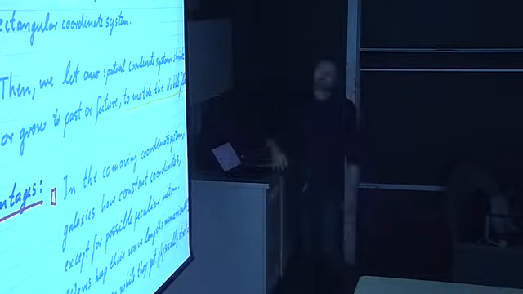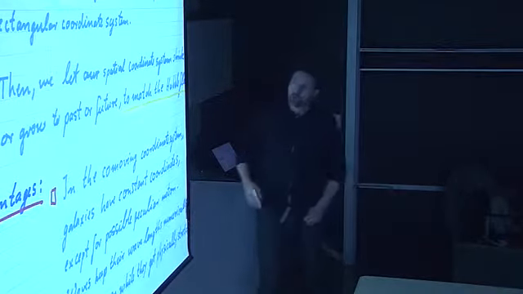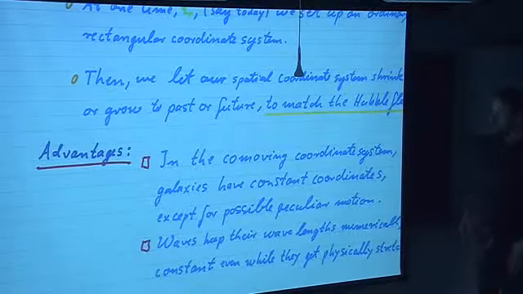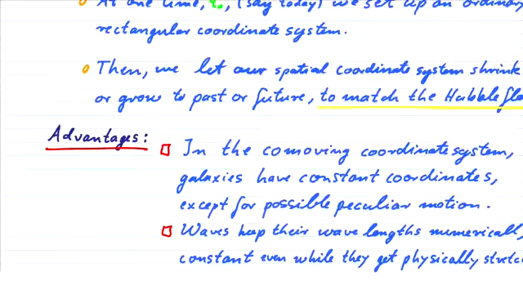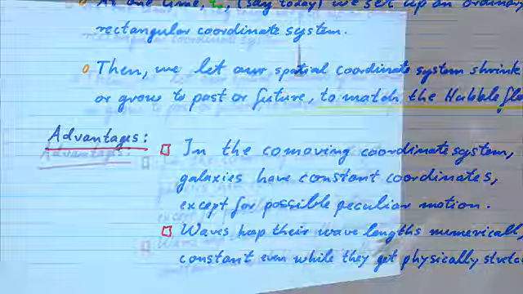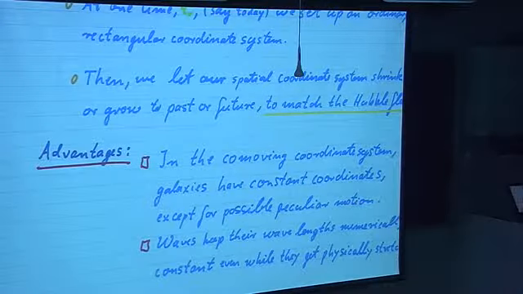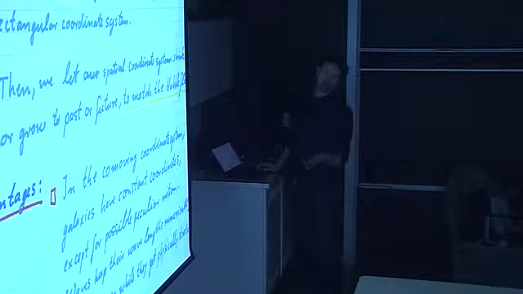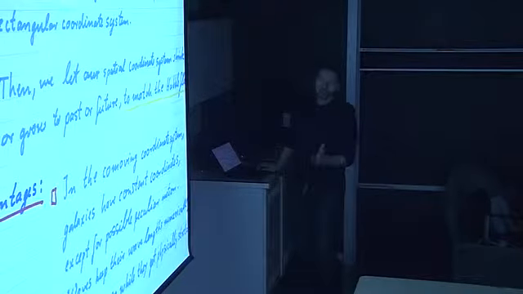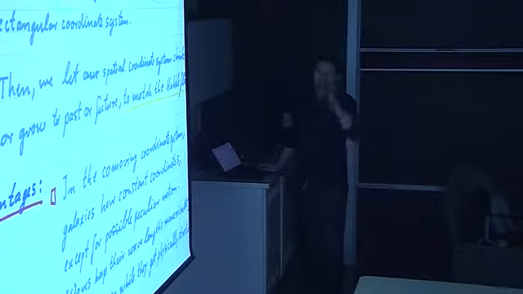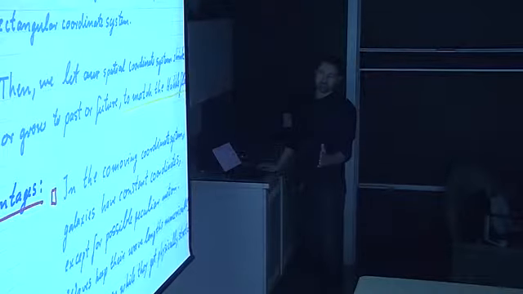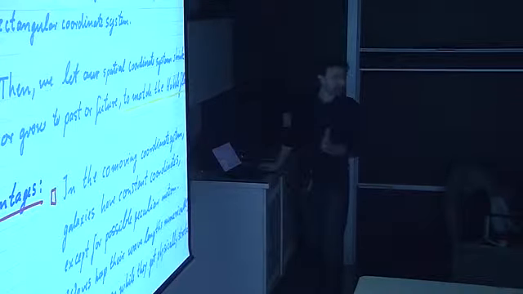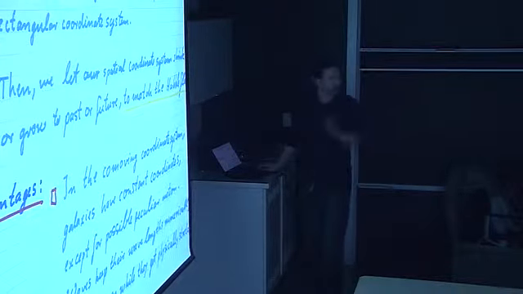So that's ultimately the reason why we want the co-moving coordinate system. Waves keep their wavelengths because they expand along with the Hubble flow, and so does our coordinate system. So they keep their wavelength, which is to say that there is one co-moving mode oscillator that describes the wave at all times because it follows it along.